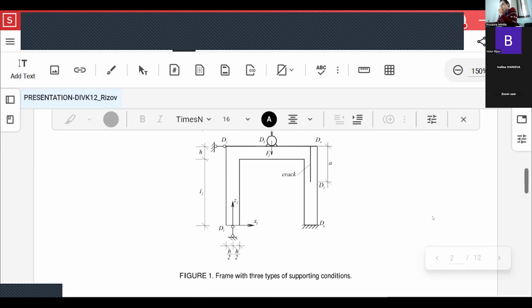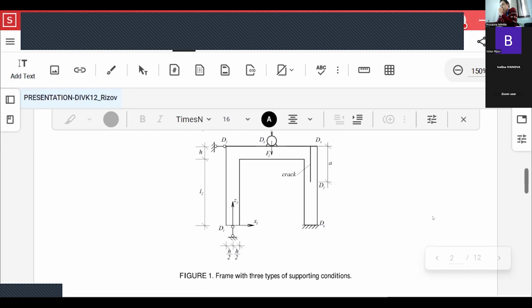The first step in the analysis of the frame in figure 1 is to obtain the static vertical displacement of point D3 due to the weight of the motor. This is the motor that induces the periodic load.